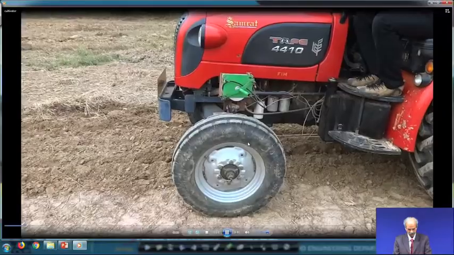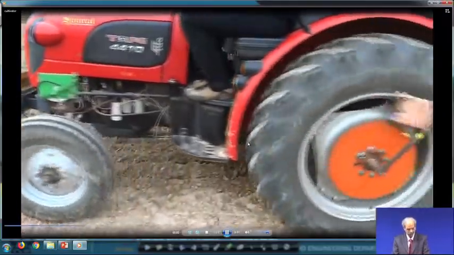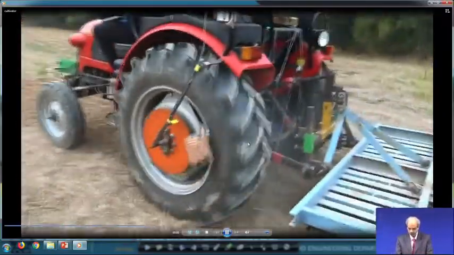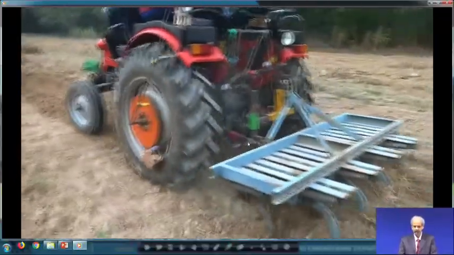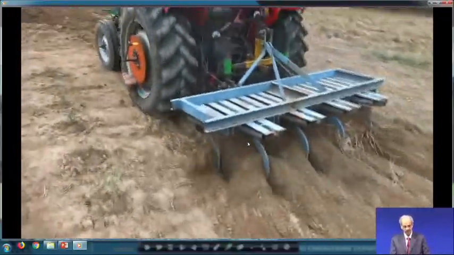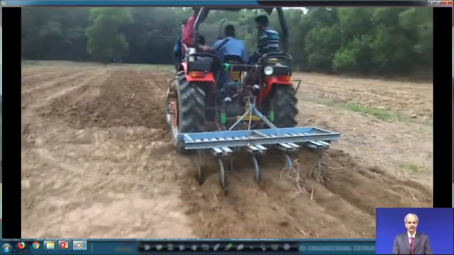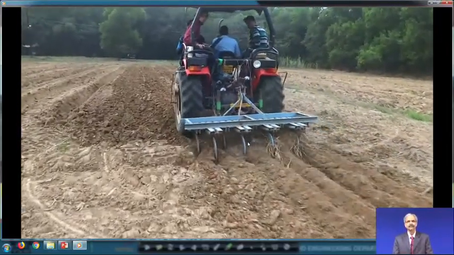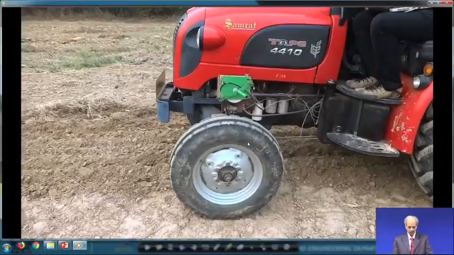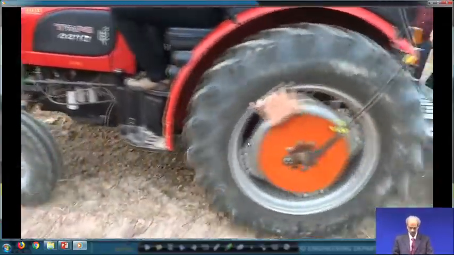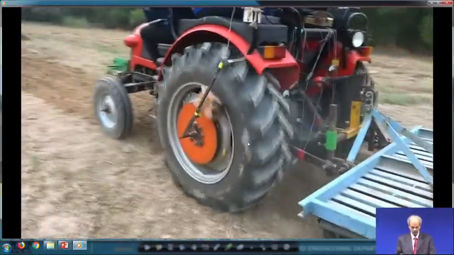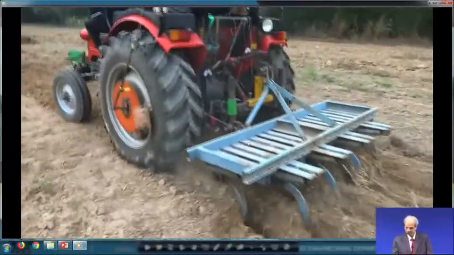Now, you can see an arrangement with respect to a cultivator. You can see a cultivator being used in the field, and we are in a position to measure this. This is to show you that all these equipment can be used, and we can have this information collected by using the instrumented tractor.